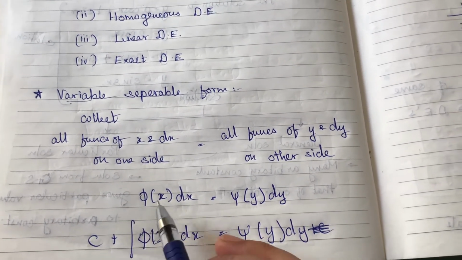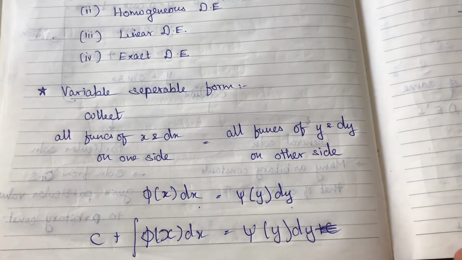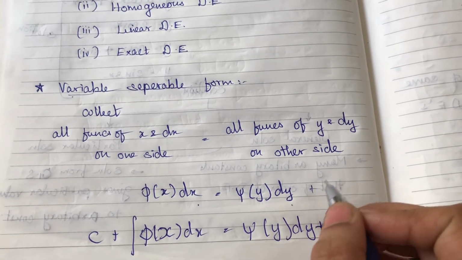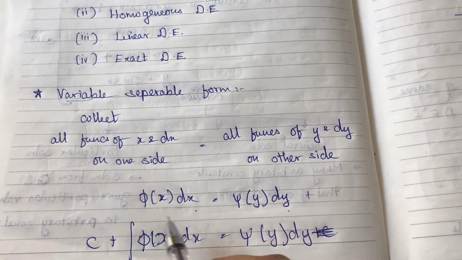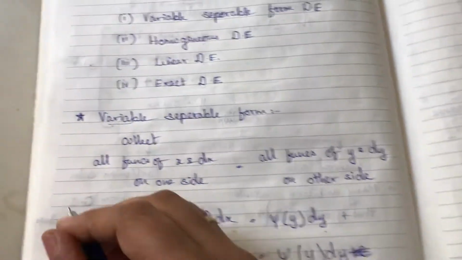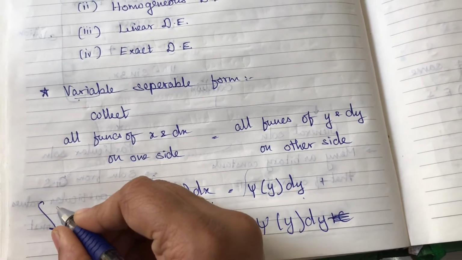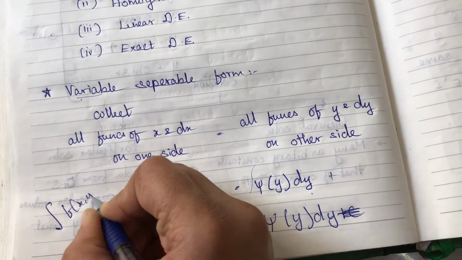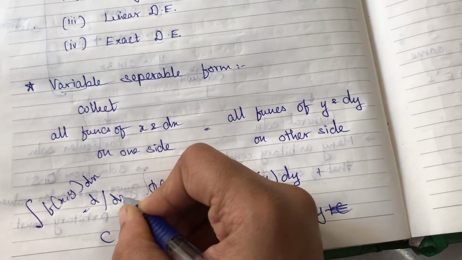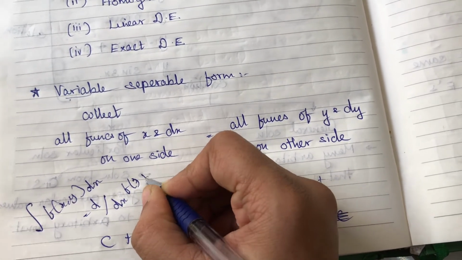So, it will be like a function of x into dx, equal to a function of y into dy. If I need to put plus c like a constant, you can see here this is a differentiation. If I put the integral, the differentiation will become, as we already saw, the integral of f of x dx is equal to a function plus c.